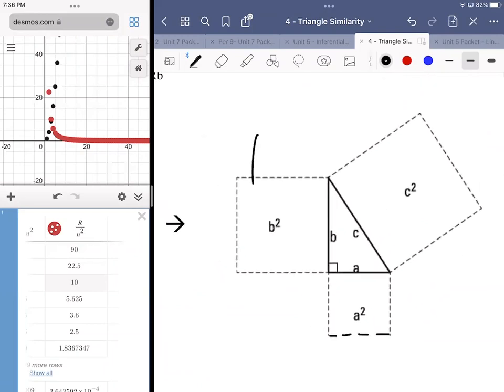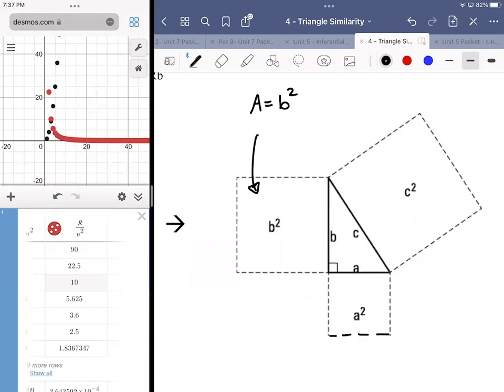The area is equal to b squared. Now, the length of one side of a square is the square root of the area.